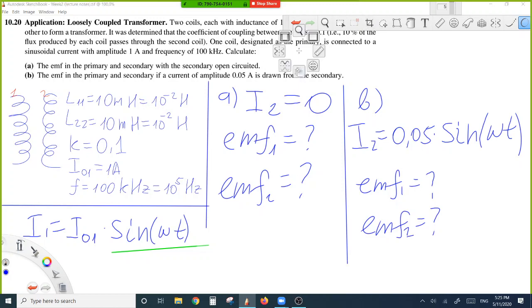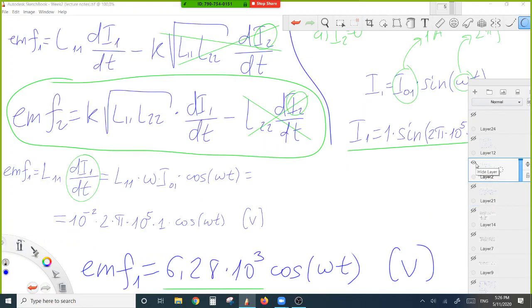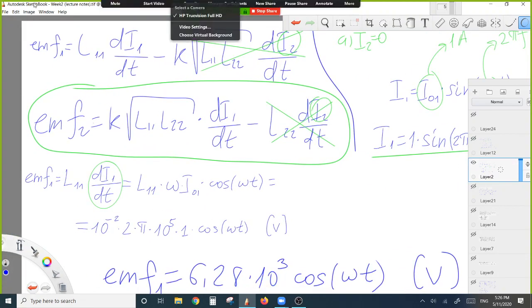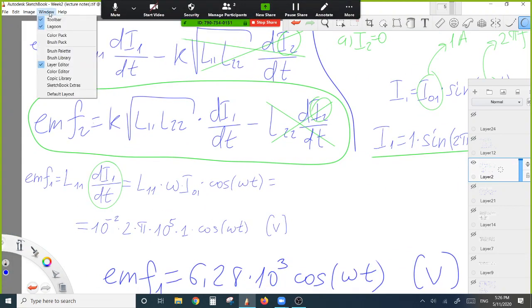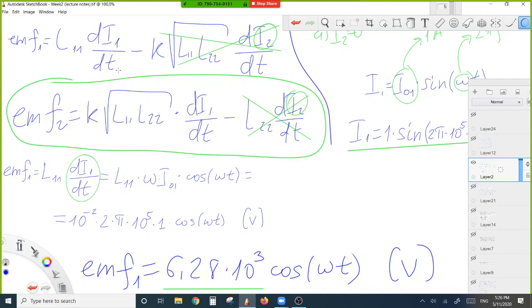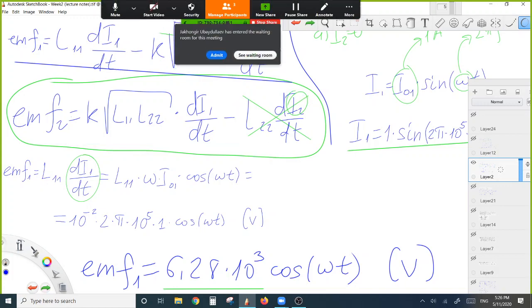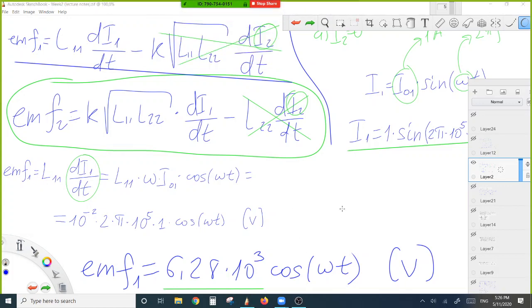So we will use the same two equations. Only in case B, this term and this term are not zero. We need to find the values of these two terms also.